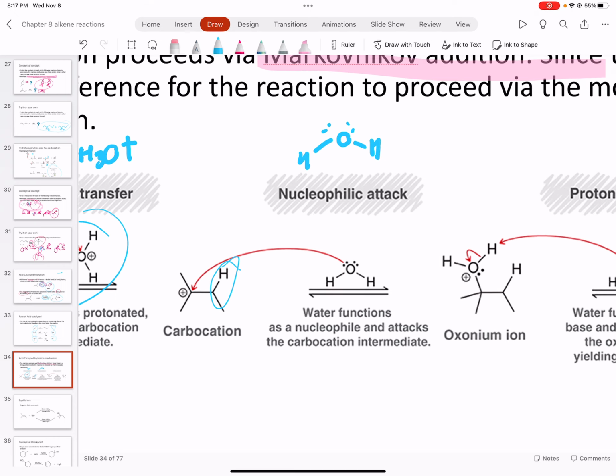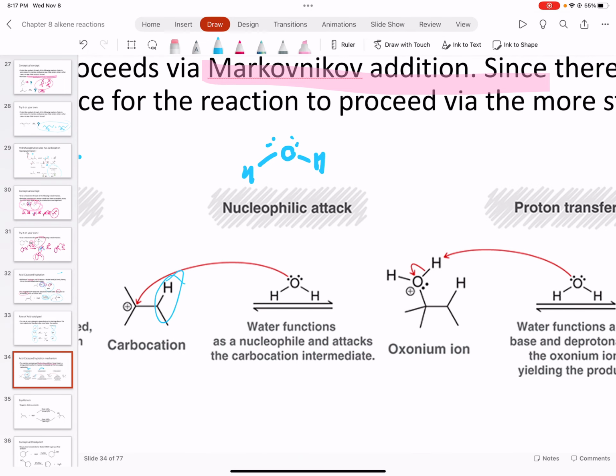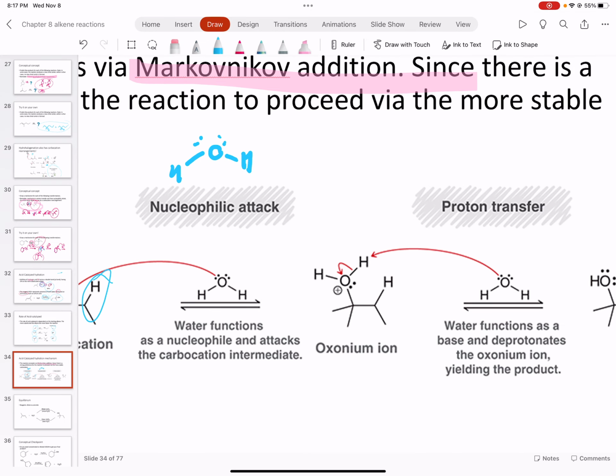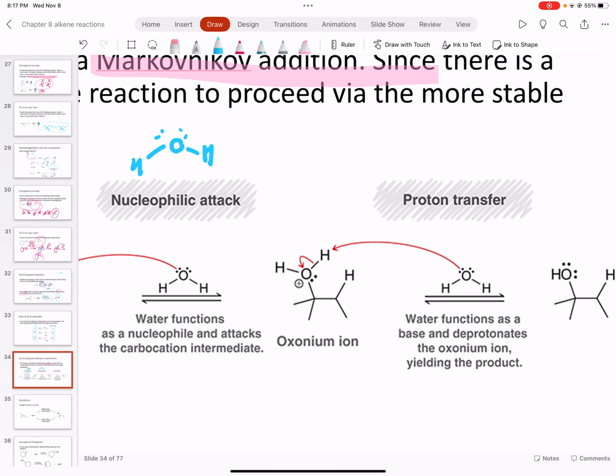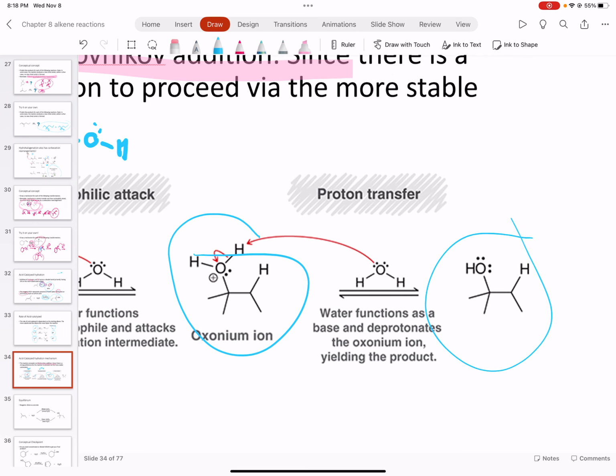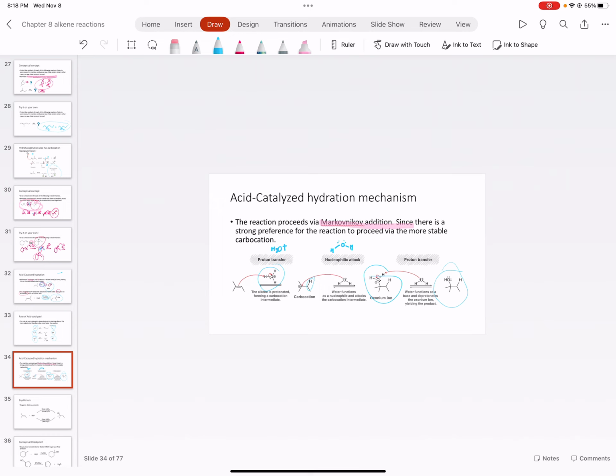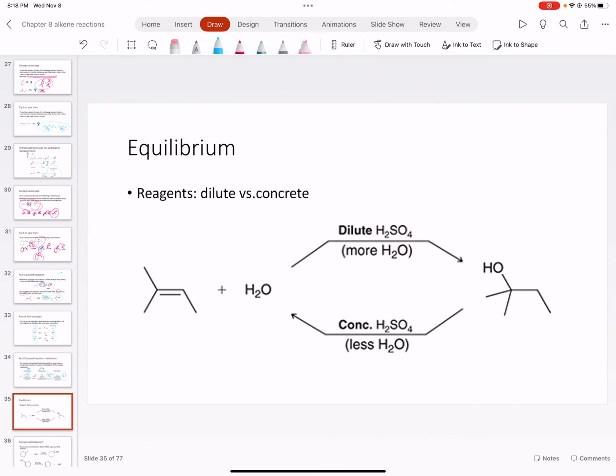So that water can attack that positive charge, since it's a nucleophile and that is an electrophile. And then, when we attack it, that oxygen is gonna have a total of 3 bonds. So then, to make it a little bit more stable, we're gonna remove that extra hydrogen that oxygen has, giving rise to this product. So it's kind of like we're doing proton transfer, nucleophilic attack, and then another proton transfer.